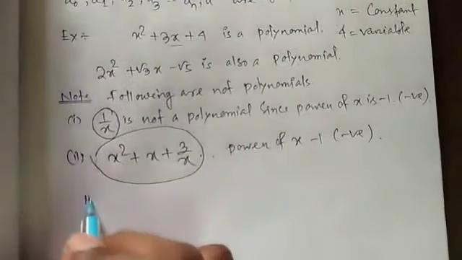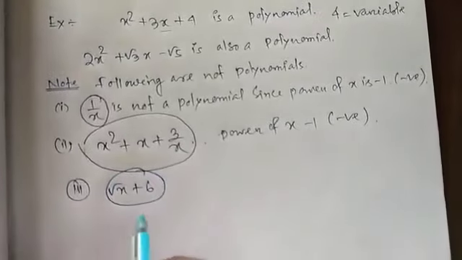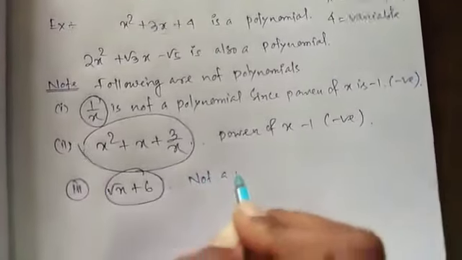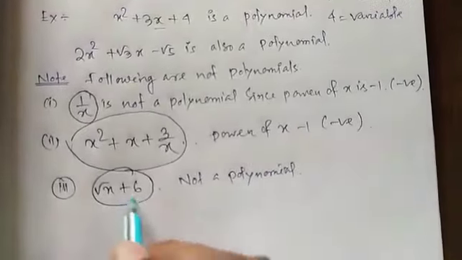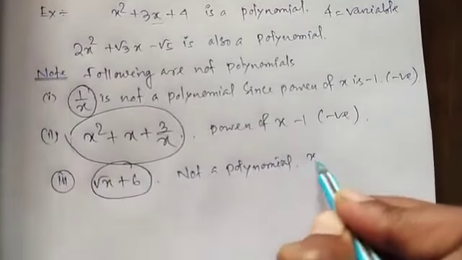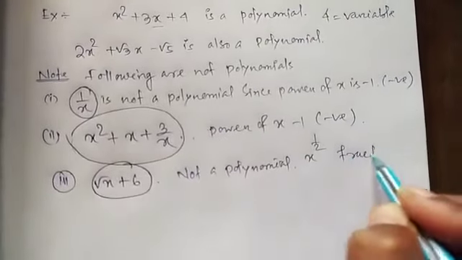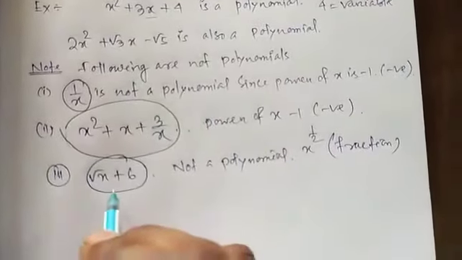Or we can take another example, root x plus 6. Is it a polynomial or not? No, it is not a polynomial. It is not a polynomial because root x, so power of x is 1 by 2. So the variable power is a fraction, so it is not a polynomial.